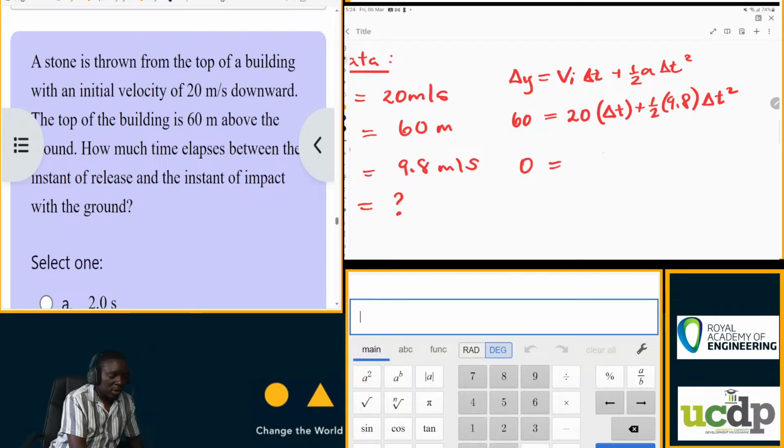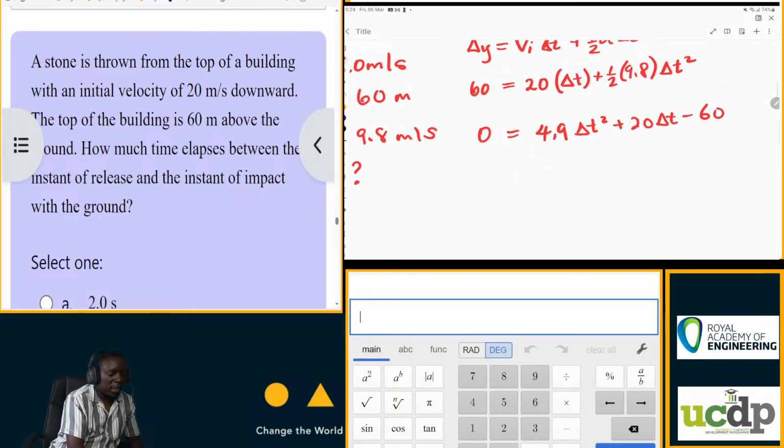0 is equal to 4.9 delta t squared plus 20 delta t minus 60. So this is now a quadratic equation in t, where delta t is just like our x. This is like 4.9x squared plus 20x minus 60.